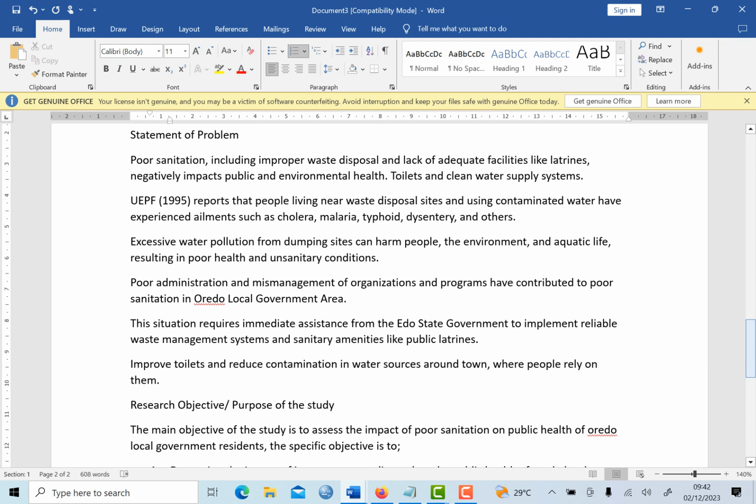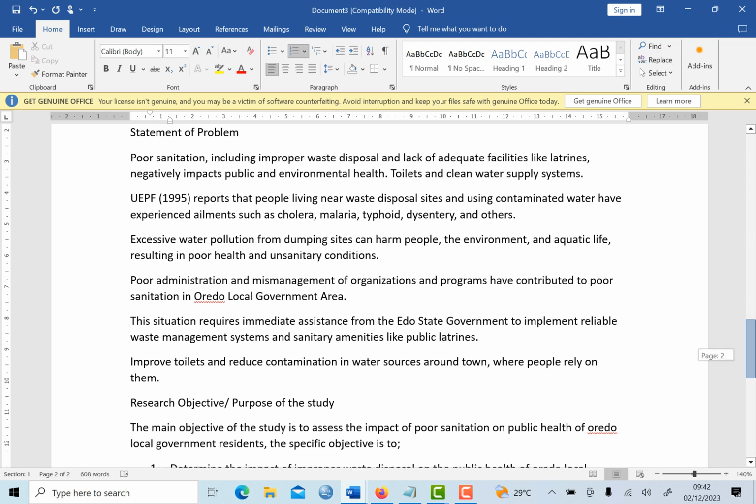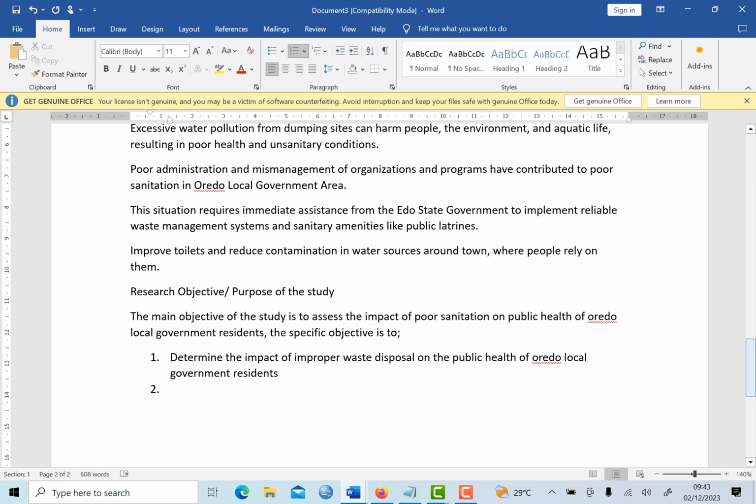So determine the extent, or determine how unavailability of adequate facilities has contributed.